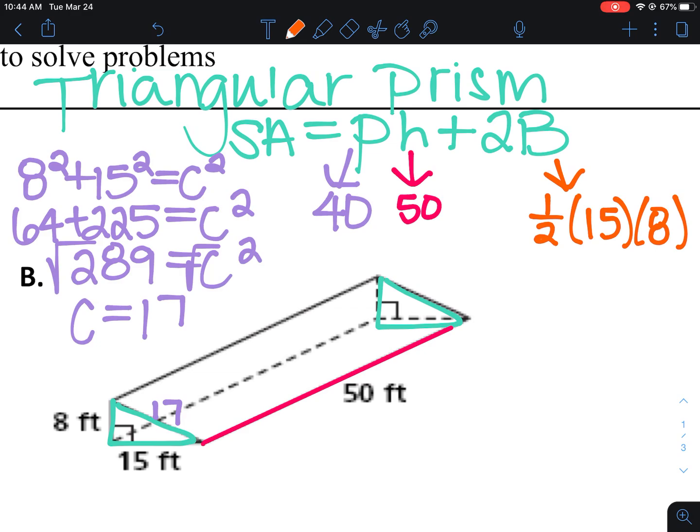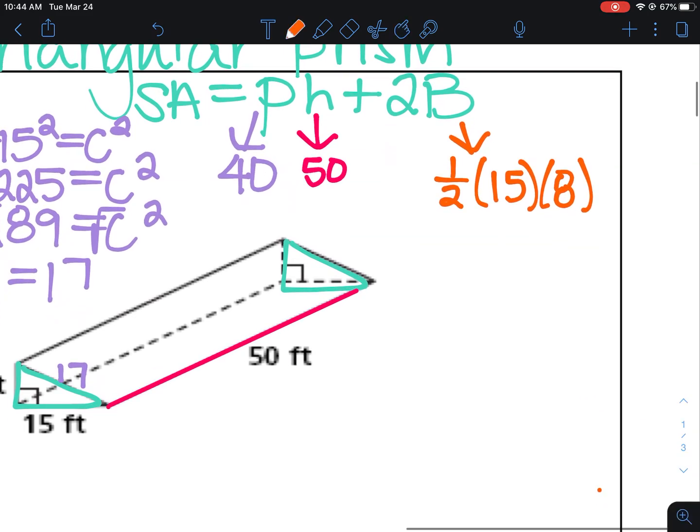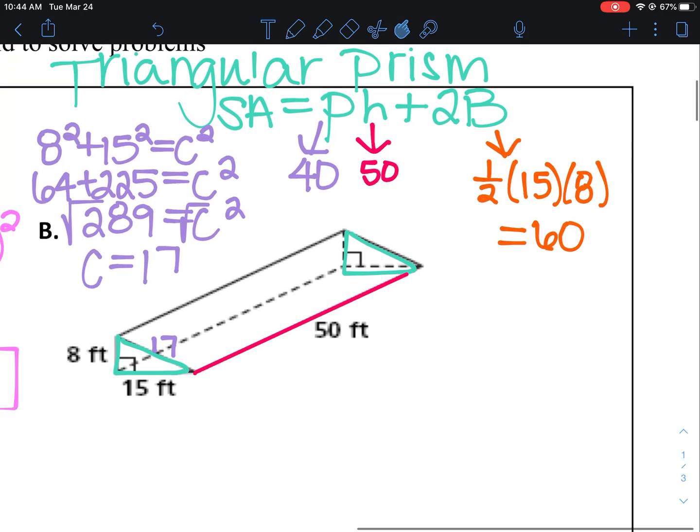Finding the area of two-dimensional shapes. Because when you're finding the area of the base, it's a two-dimensional shape, right? It's just flat. So you have to switch your mind from thinking 3D to 2D when you're doing that capital B part, okay? So anyways, this part, when you do 15 times 8 and divide that by 2, that's 60.